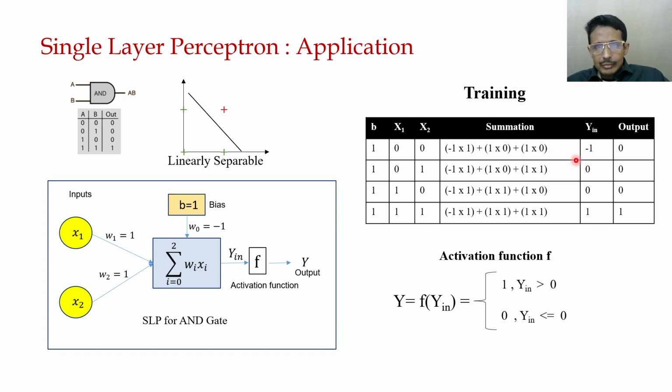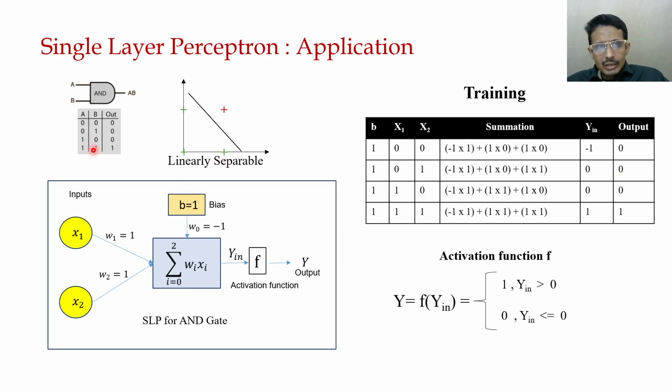Okay. Now similarly, if we go for 0 1, it is minus 1 because of the bias, plus 0 and plus 1, so ultimately it is 0, so the output is 0. Similarly 1 0 is also 0.